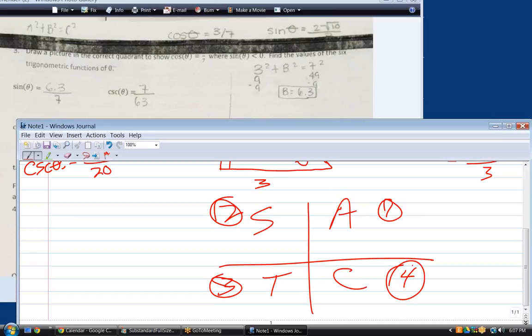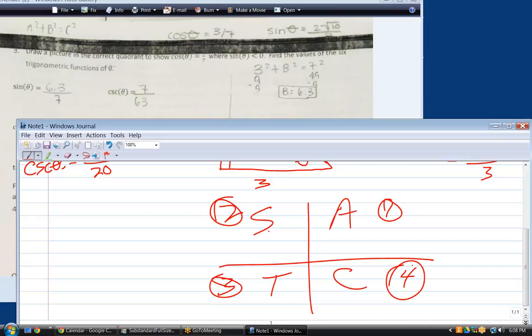The A means all trig functions are positive in the first. The S means sine only is positive in the second. And of course, by only, I mean the sine and the cosecant. They both have to have the same plus or minus sign.